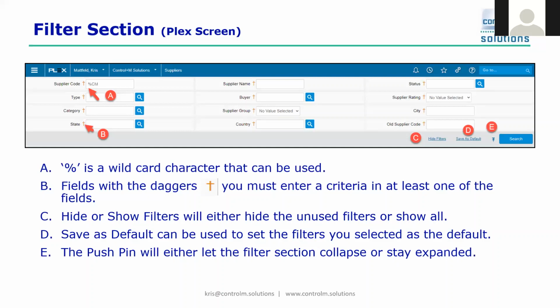You can take and set your filters up, set save as default. And the next time you come into that screen, the filtering section will already be set for you. And then to the right of that, this is the push pin. This is something that I'm not sure everybody's aware of, but you're going to see how this works. What this does, push pin does, is it collapses that filtering section or expands the filtering section for you.